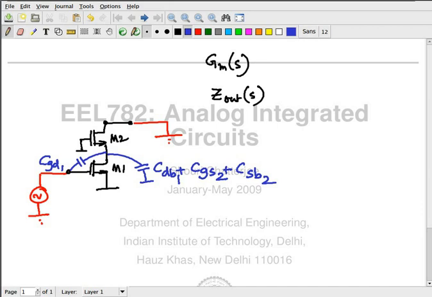Now I need to compute the poles and the zeros. It looks like there is going to be a 0. Okay, so if there is a 0, you can easily compute the 0. Typically what happens is, if there is a capacitor across one particular device of transconductance GM, then the 0 is going to be at plus GM by CGB1. Okay, you can do the long computation.